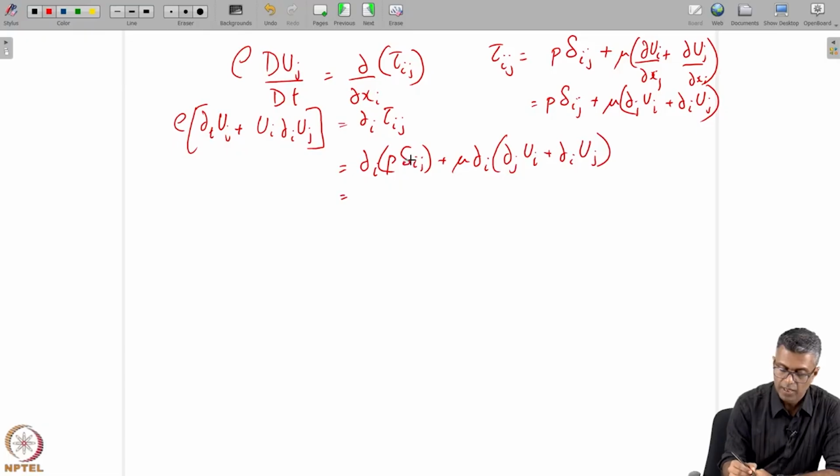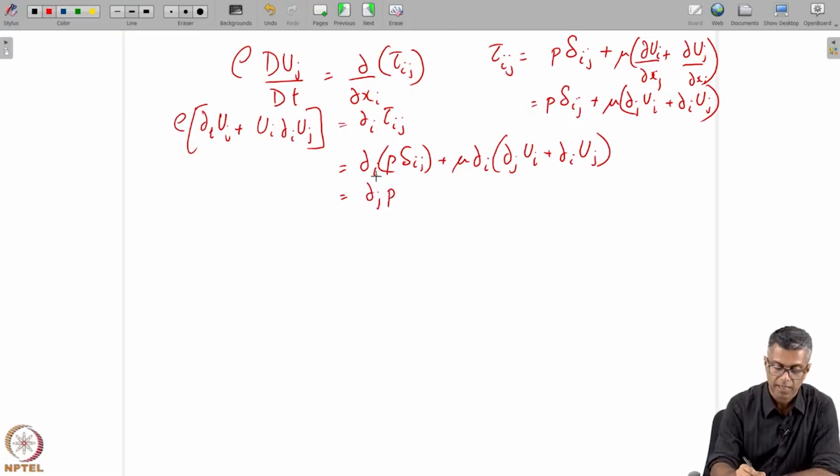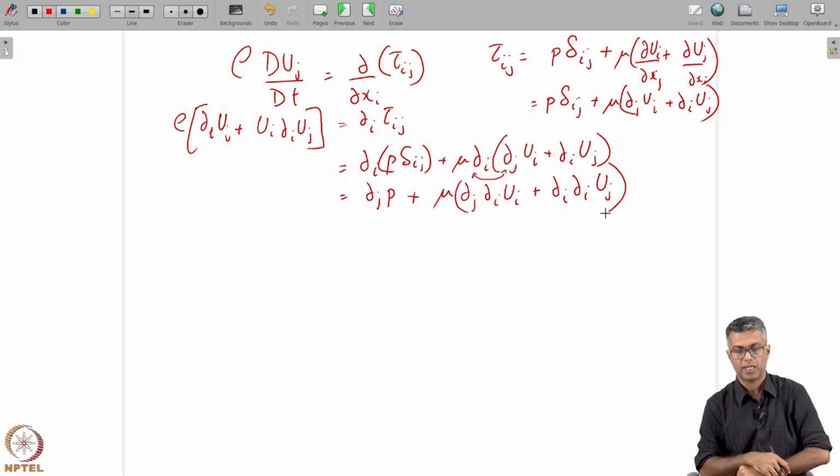Now this Kronecker delta applied to the derivative becomes del_j p, because you switch the indices and you get del_j p, plus then from here you can have mu. Now I can switch these two derivatives and then I'll have del_j del_i u_i plus del_i u_j, and the mu is on the outside.